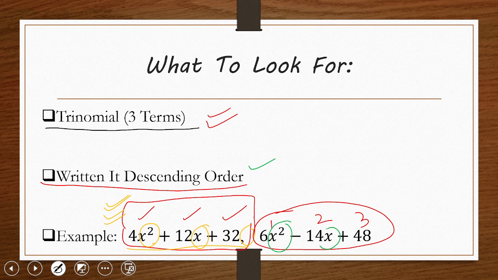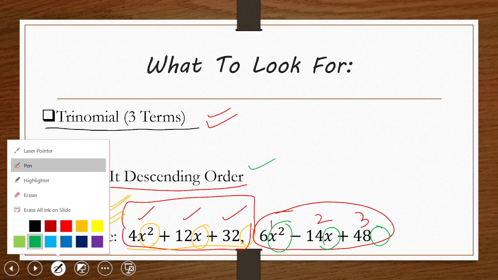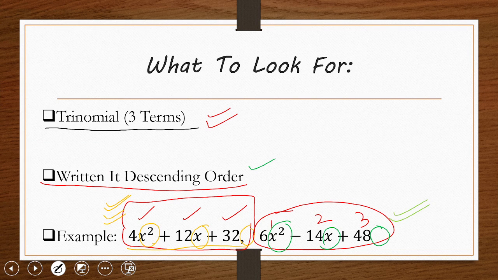This is x to the power 1, and there we don't have any algebraic variable. Okay, if these conditions are fulfilled and completed, we can start further.